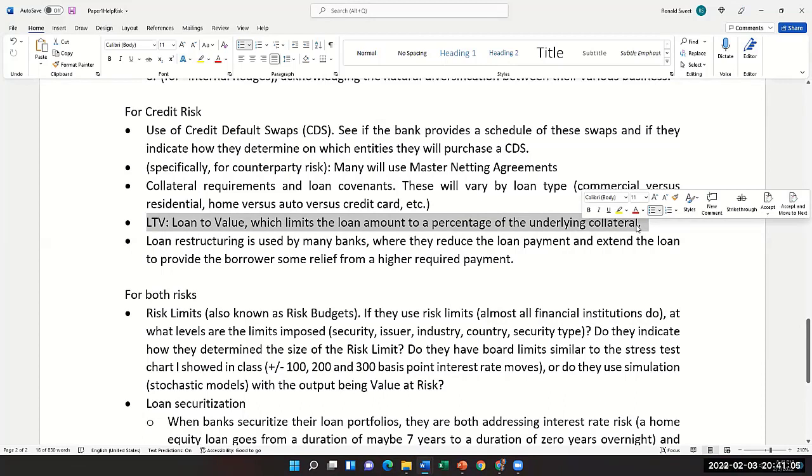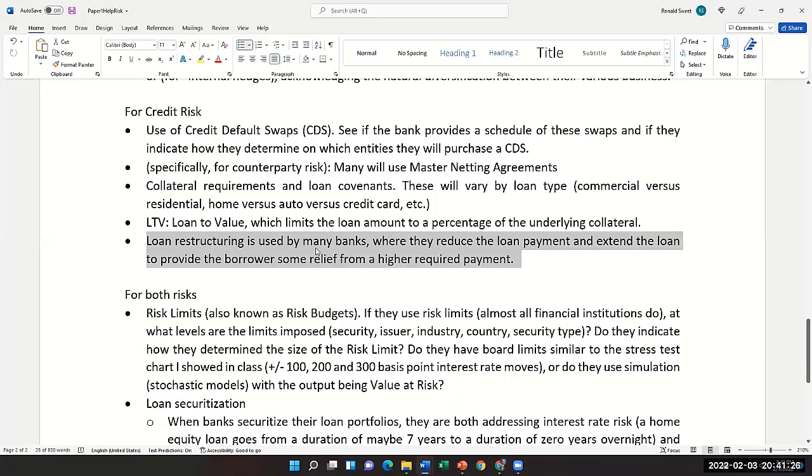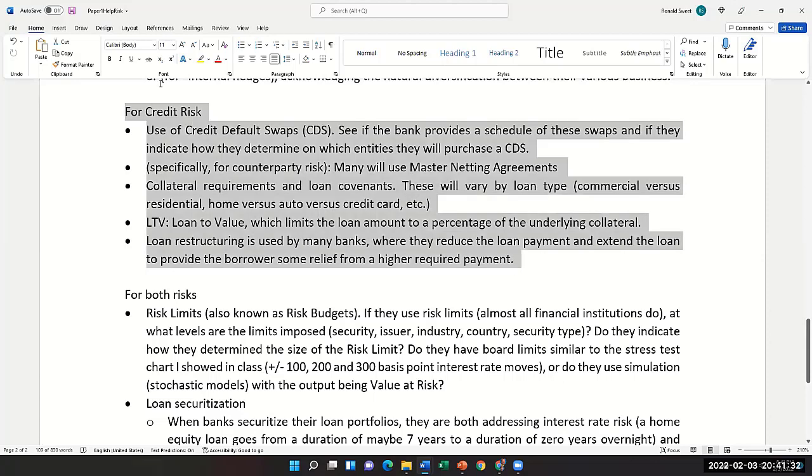I think of loan to value as a mitigation, because if the property is worth $1 million and you can only loan out 70% of that, you can only loan out $700,000. That's going to mitigate your risk. That gives you a 30% drop in the value of the collateral before you start having losses. And then loan restructuring is a big one. You have someone that can't pay you, so you sit down with them and set up some schedule so they can pay you. But we're not doing credit risk.